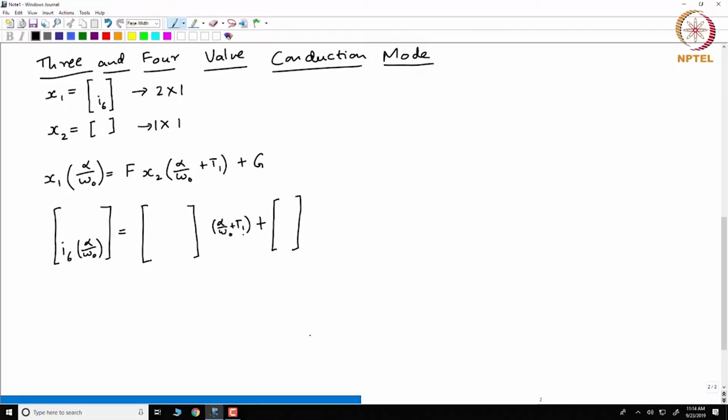So what is that current? I1. Okay, suppose it is I1. Then the left hand side is I1 at alpha by omega O.